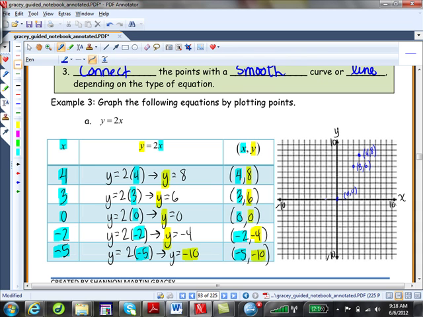Negative 2, negative 4. 2 to the left. 1, 2, 3, 4 down. And then negative 5, negative 10. 1, 2, 3, 4, 5. And then it'll go down to here.